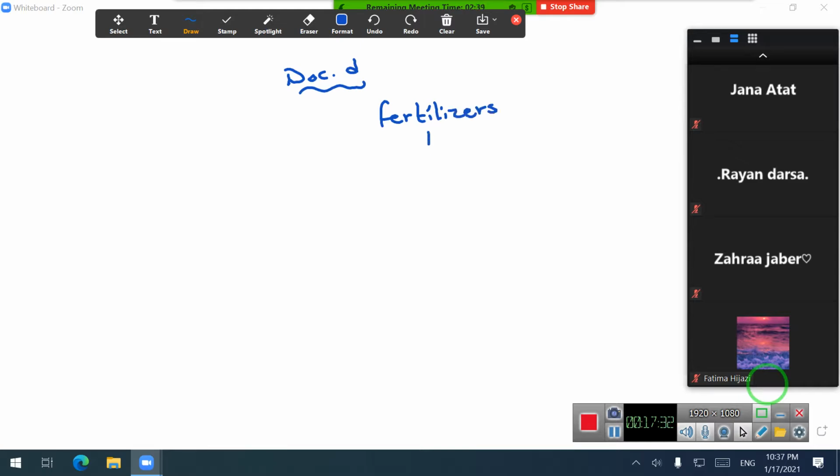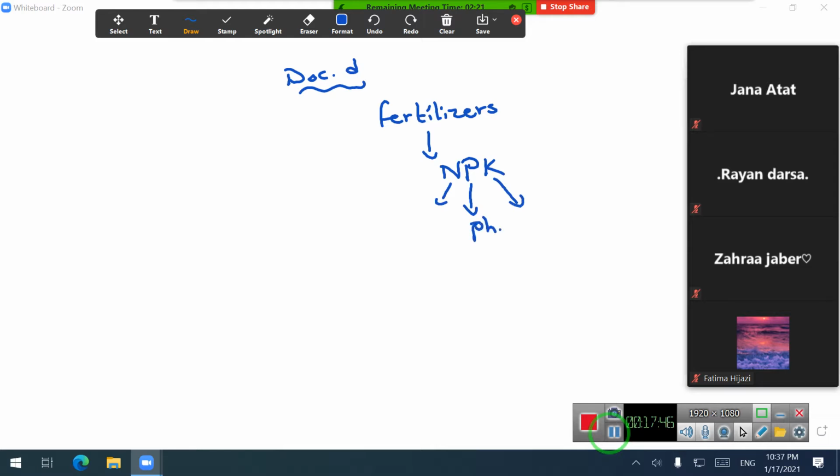The most important fertilizer is NPK: nitrogen, potassium, and phosphorus. These are the main important elements which make the fertilizer NPK.